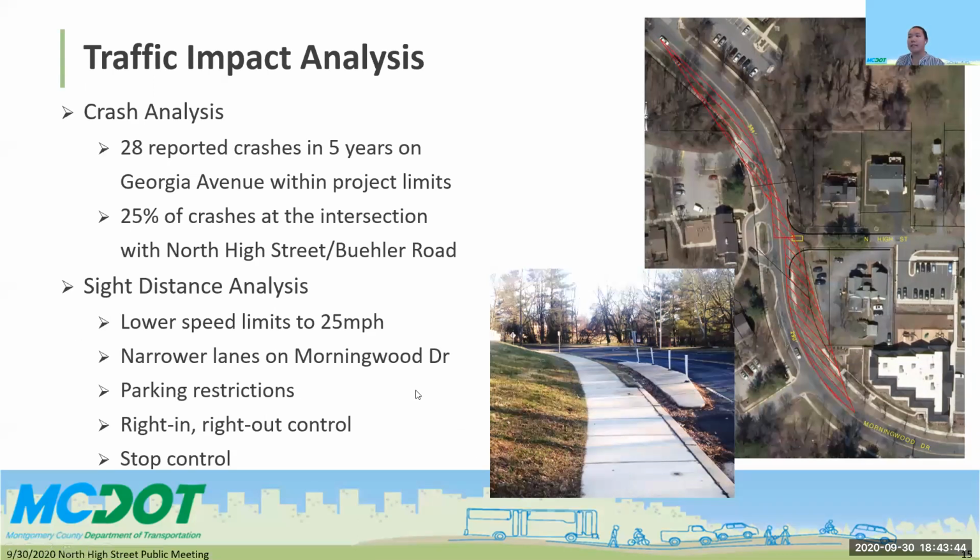Some of the solutions that we have looked at include lowering the speed limit to 25 miles per hour, narrower lanes on Morningwood Drive, putting parking restrictions on Morningwood Drive, and maybe a right-in, right-out for the North High Street extension. And lastly, stop control, where we put in a stop sign. So these are just ideas. We're not proposing that as of now. Those are just ways that we can help to eliminate the sight distance issues.